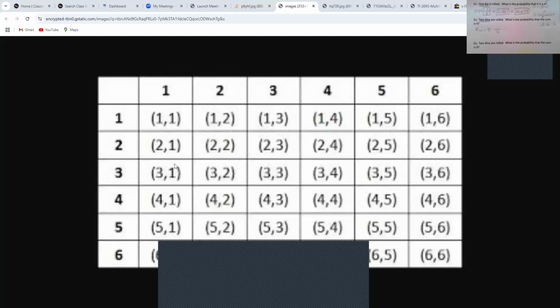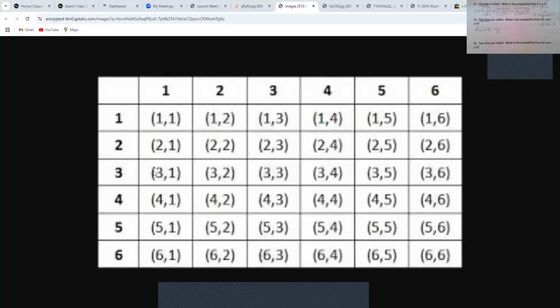You notice this adds up to 4 right here. See 3 comma 1. That means the first die landed on a 3, the second landed on a 1. That adds up to 4. And I also want you to notice if I sort of go diagonally and up to the right, you're going to catch the other ones that also add up to 4. That's usually how this works.